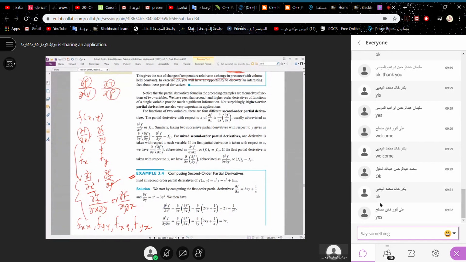So these are the higher order derivatives. Look at here.